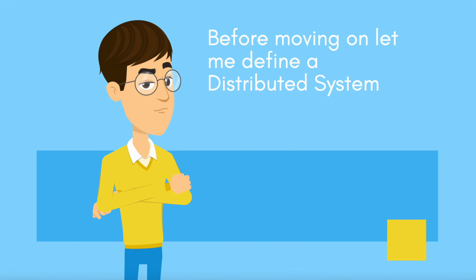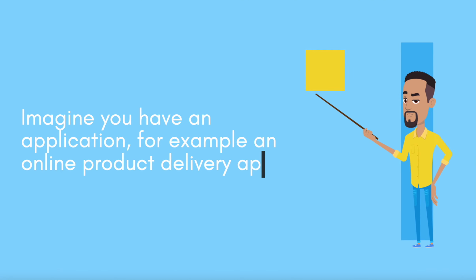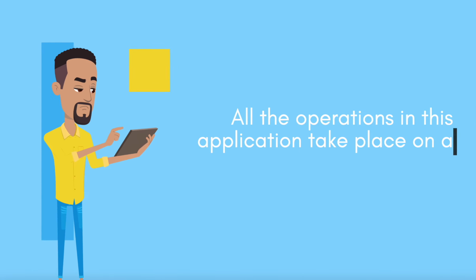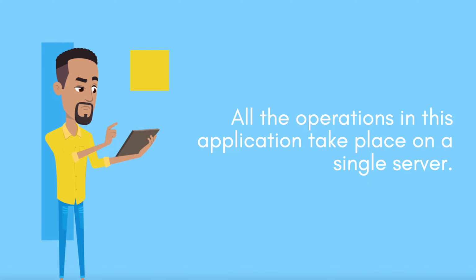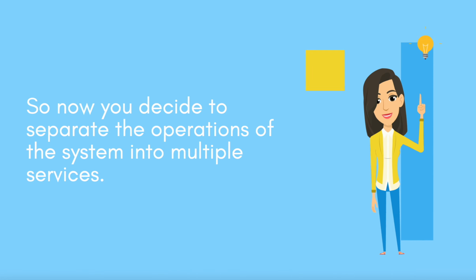Before moving on, let me define a distributed system. What is a distributed system? Imagine you have an application, for example an online product delivery app. All the operations in this application take place on a single server. As you get more orders, your server is unable to handle the load. So now you decide to separate the operations of the system into multiple services.